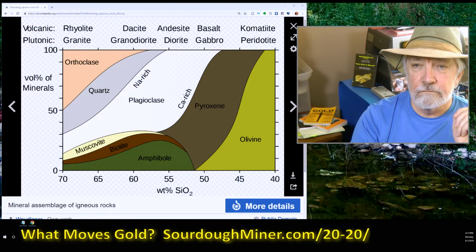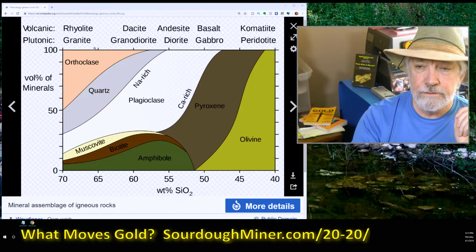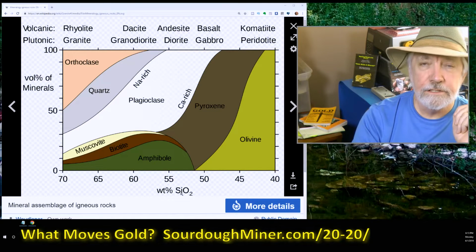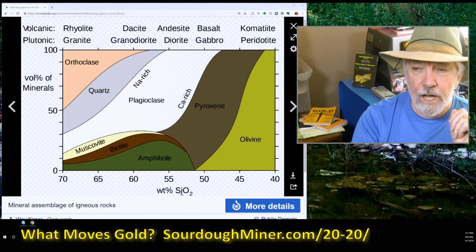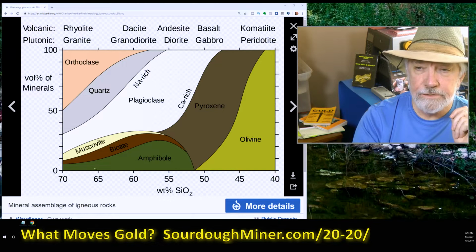The material that rhyolite and granite consist of is over here. The way you figure it out in this chart is by the percentage of silicon dioxide, which is silica or quartz. So how much of the rock consists of quartz? Well, 70% to 65%.